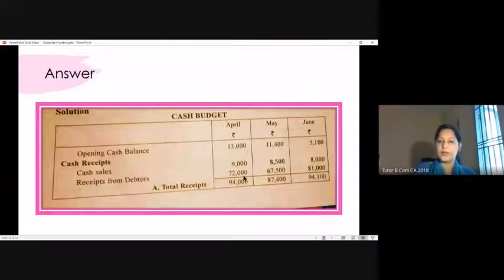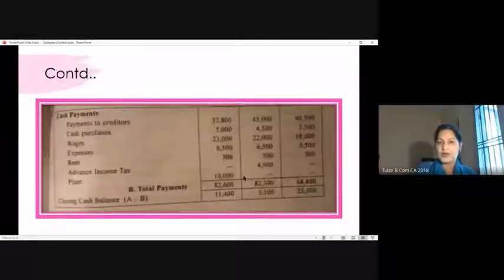So we total up the receipt side, and now we are going to the payment side. Now when we look into the payment side, we know that this payment of 37,800 would be a payment of credit purchases. In April, it will be from the month of March, because we have been told that for credit purchases, the payment will be made after 1 month.